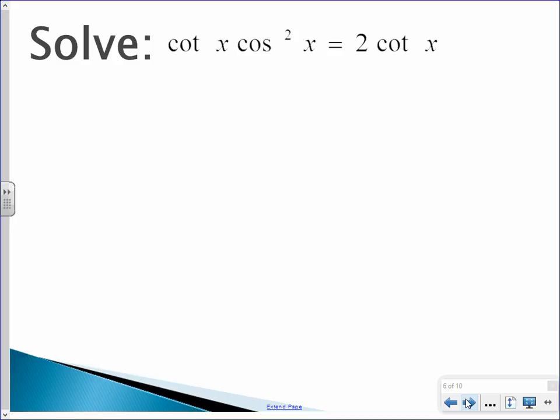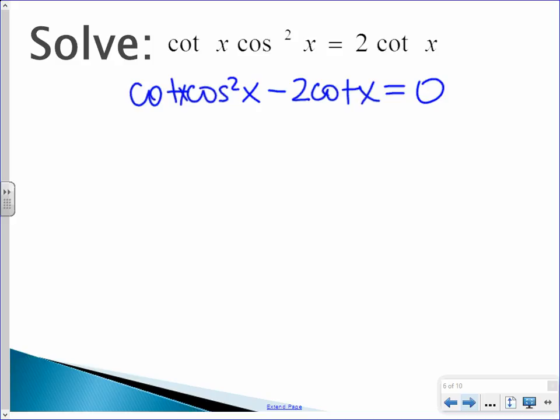Instead, we can subtract it to the other side, and then what can we do with those two terms? We can factor out the cotangent. So never, ever, ever divide by a function. Subtract it over, and then you would be able to factor it out.